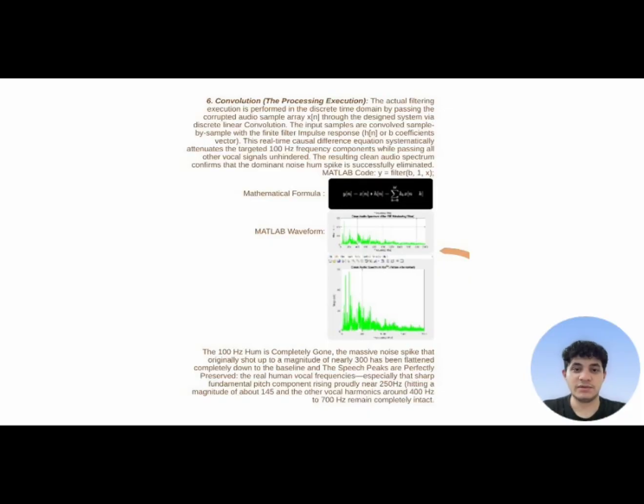Now, the time domain convolution and performance verification. The final real-time noise attenuation is executed in the time domain via discrete linear convolution. The corrupted input array is convolved sample by sample with the finite filter impulse response through a causal difference equation.